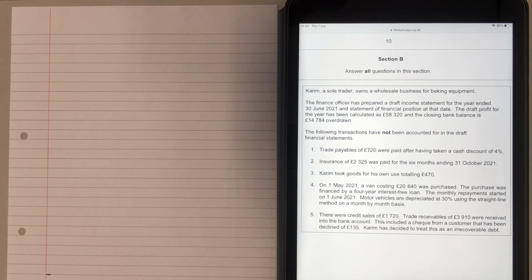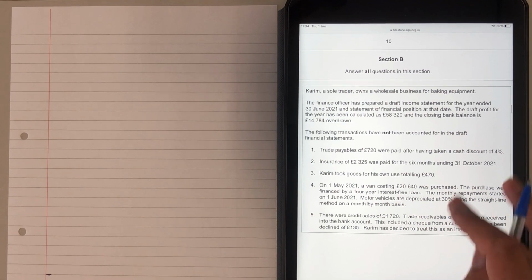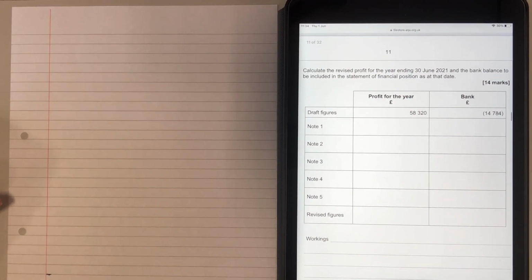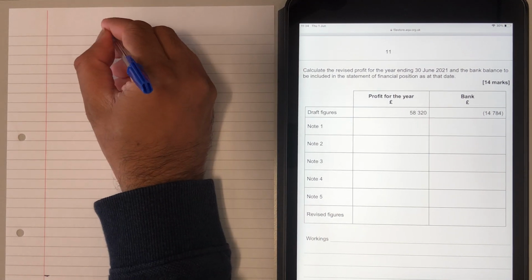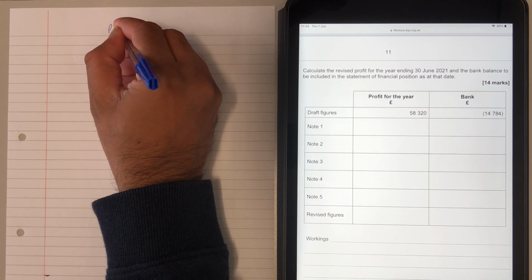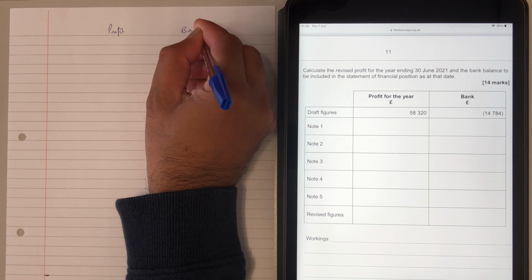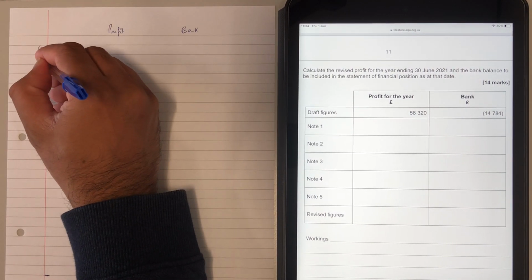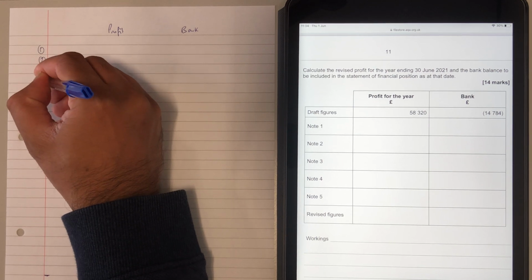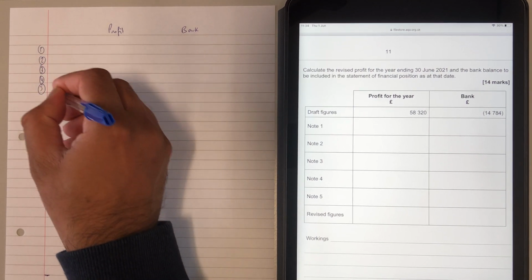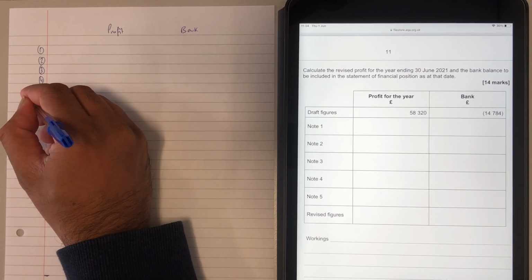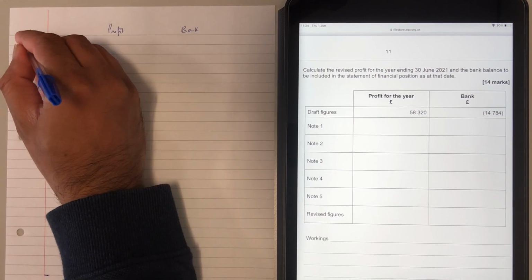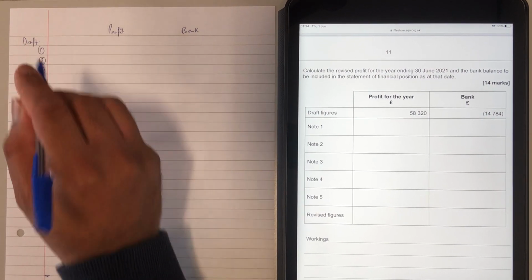So what I'm going to do first is just very quickly make some notes on the question. Okay, so we've got profit, we've got bank, we've got 1 to 5, so we've got 1, 2, 3, 4, 5, and then we have the final figures at the end, and we've got the draft figures at the start.